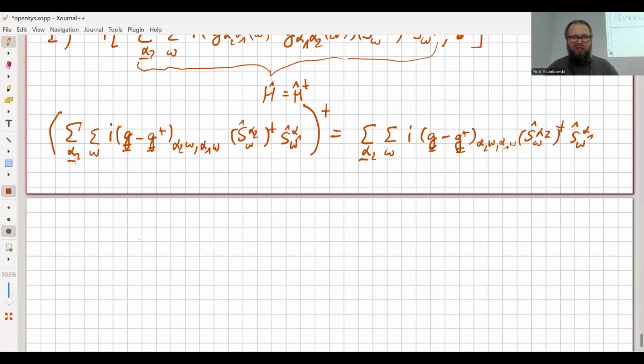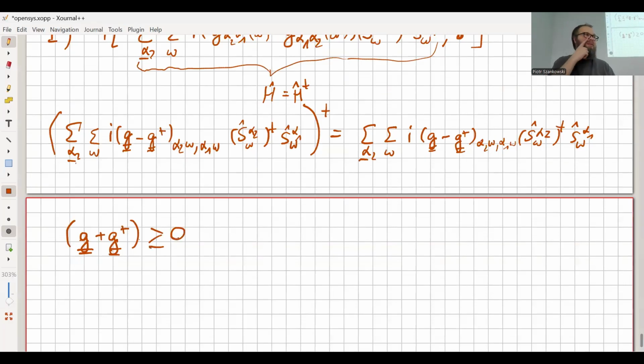We can show that this G plus G dagger is actually a positive semi-definite matrix. And to demonstrate it, I think I have to write some stuff, sorry, because there is actually some physics going on here. It's actually positive thanks to physics.